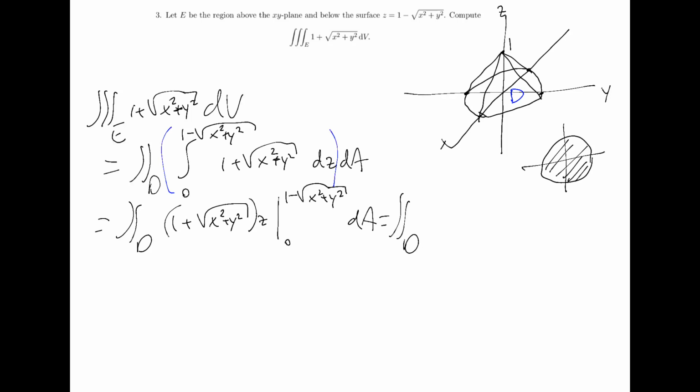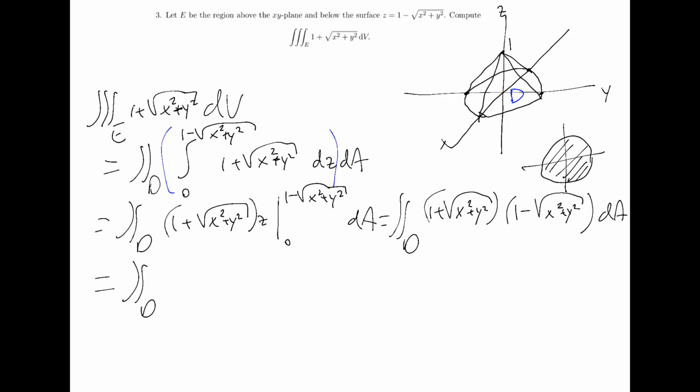Well, for z equals 0 we get nothing, and for the other one we just plug in that equation. So we get 1 minus the square root of x squared plus y squared dA. Now this is of the form a plus b times a minus b. So that's equal to a squared minus b squared. So that's 1 squared, which is 1, and the other thing squared is just x squared plus y squared.